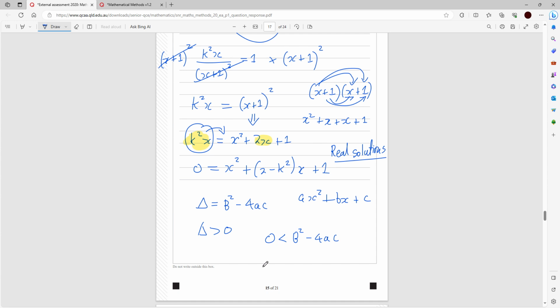So that means 0 is less than, well, we're looking for any real solution. So your discriminant can be equal to 0, but it has one solution. So it would be a less than or equal sign, and the b is this term. So it will be 2 minus k squared, all squared, minus 4 times a, which is 1, times c, which is 1. Okay?